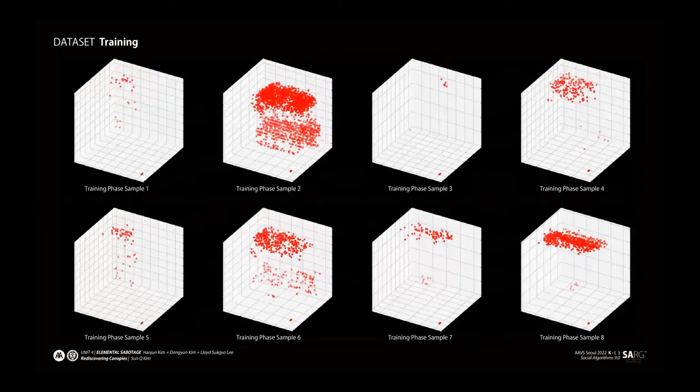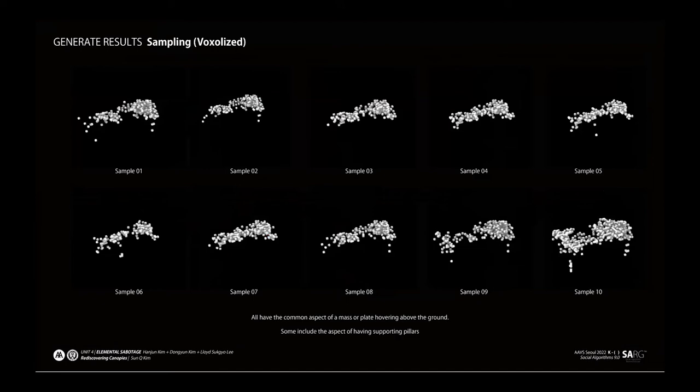And we input all these 3D models into the machine learning algorithm. These are some of the samples from the total of 450 samples that the machine learning came up with. From these samples, we were able to come up with some outputs. As you can see, the most common aspect is that they are all levitating masses or surfaces above ground.